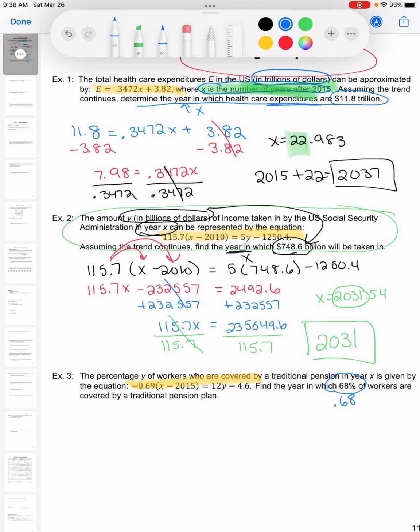All right, let's see if you got the same answer that I did. I'm going to plug in that 0.68 for y. I'm looking for the year, so I'm looking for x. I'm going to do distributing similar to what I did up above. And then when I type in that right side of the equation, I get 3.56.